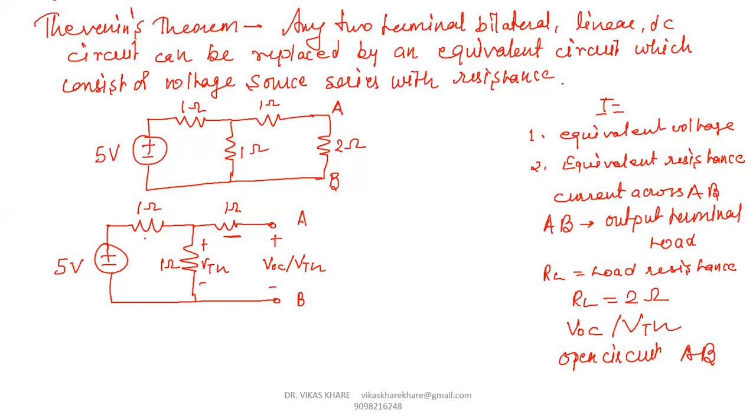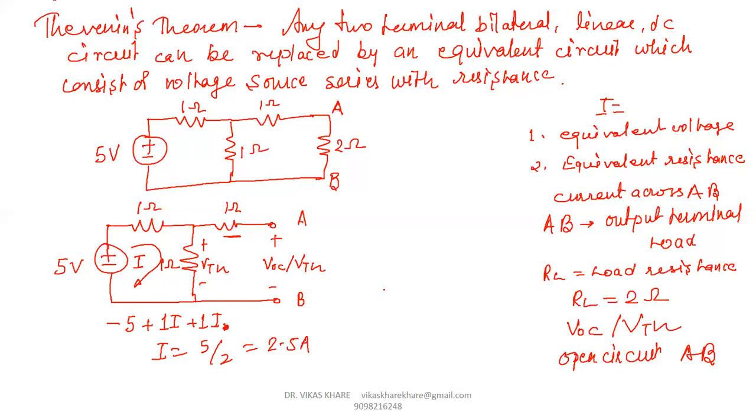So now through loop analysis, we apply the loop and find the value of current. So -5 plus 1 into I plus 1 into I, because the current in this other branch is 0. So the value of I is equal to 5 by 2, which is equal to 2.5 ampere.